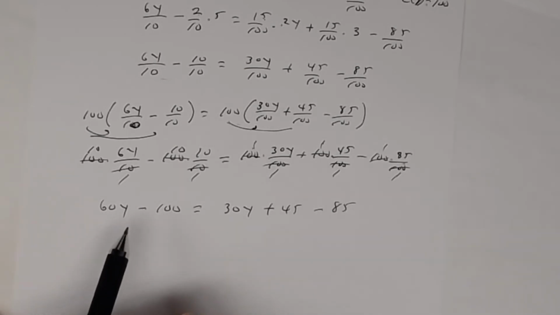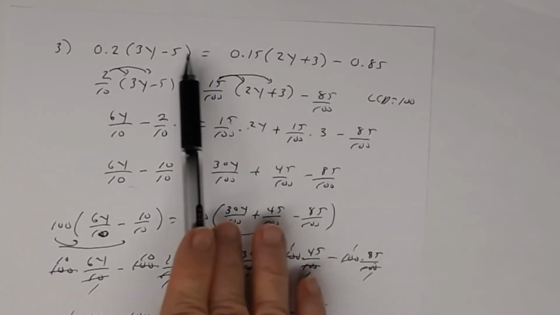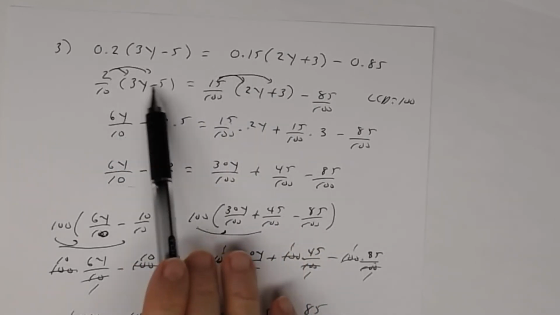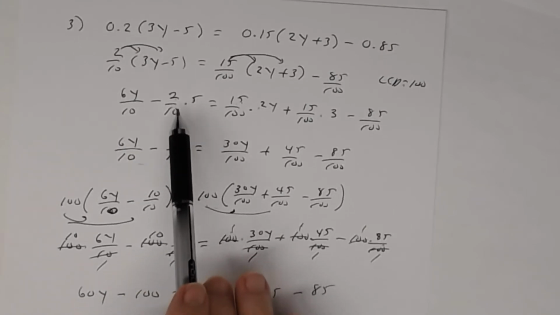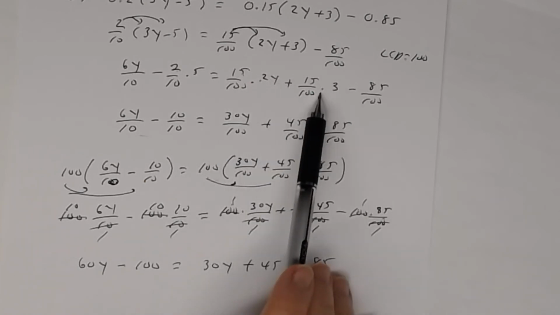So notice I went from a decimal equation that had parentheses to fractions. Then I distributed to get rid of the parentheses, and then I simplified to get this part here. At this point, I'm clearing all those fractions by multiplying both sides by the least common denominator.